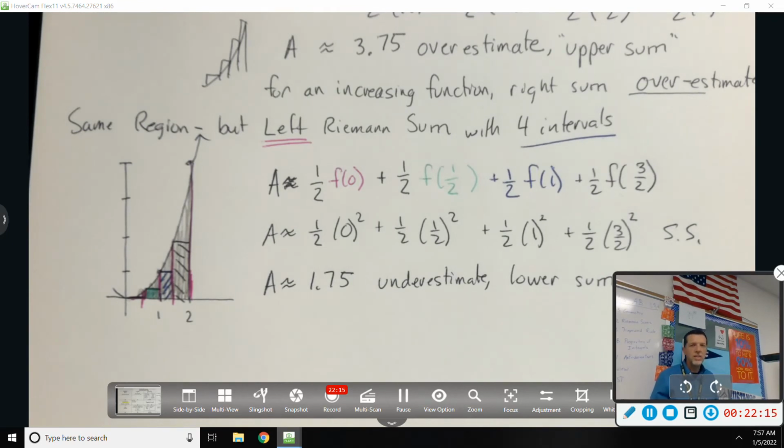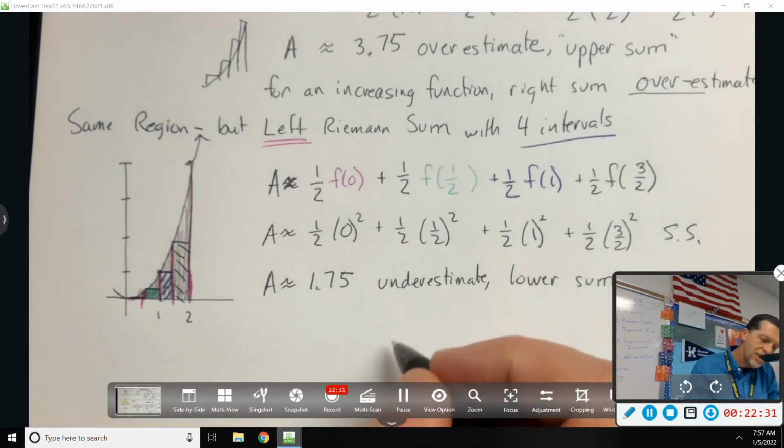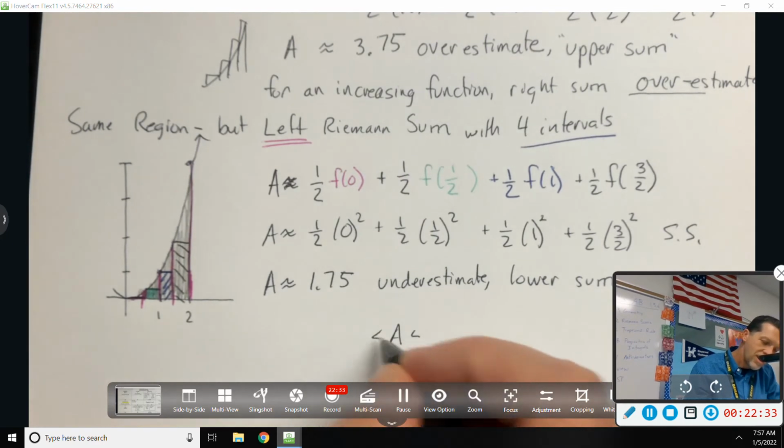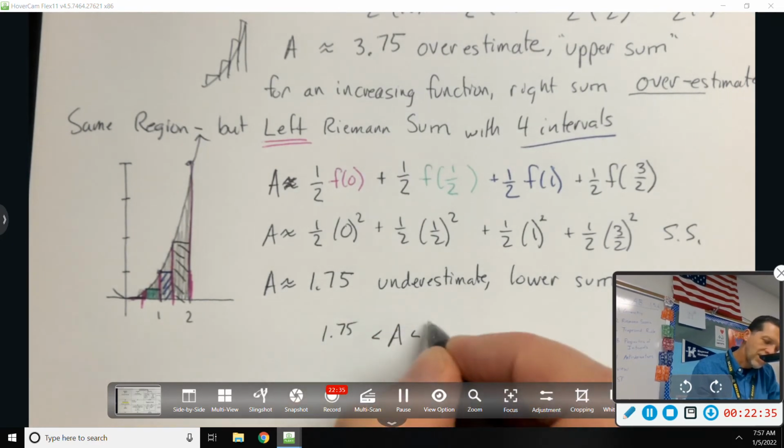Meaning, I don't know what the area of that thing is, but I know that it's not lower than 1.75. Like 1.75 is the bottom it could be. 3.75 is the top it could be. So the actual area is somewhere in between 1.75 and 3.75.